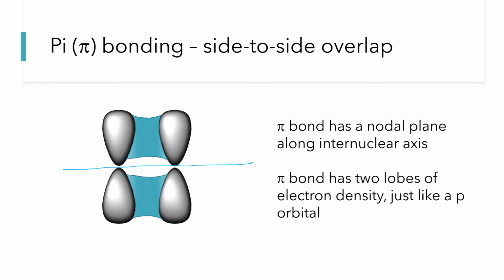It means there's zero probability of finding the electrons along that axis. That's okay, because that's where the sigma bonding is taking place. The pi bond doesn't need to be there. We end up with two big lobes of electron density, just like a p orbital has two lobes. A key phrase here is side to side overlap for our pi bond.